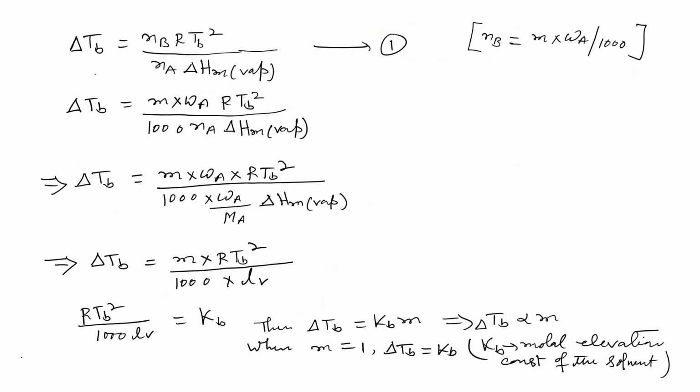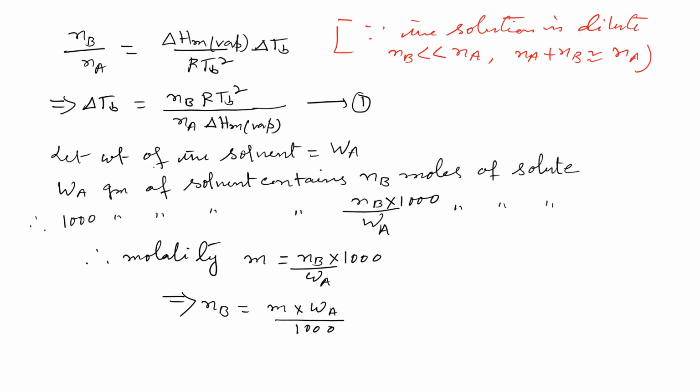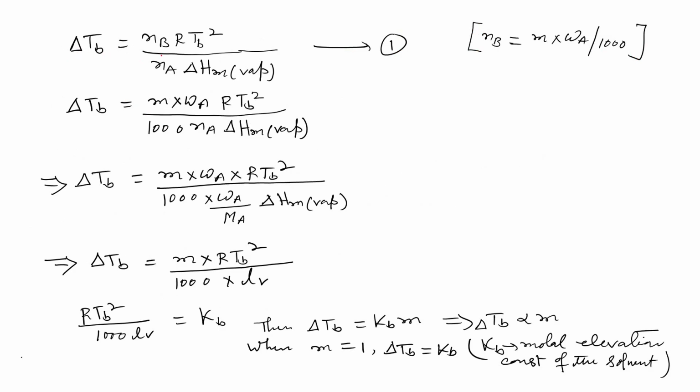So now delta Tb, what we have seen in equation number 1, delta Tb is equal to Nb RTb square divided by Na into delta Hm vaporization, and Nb is equal to, just now we have seen, molality into weight of the solvent divided by 1000.